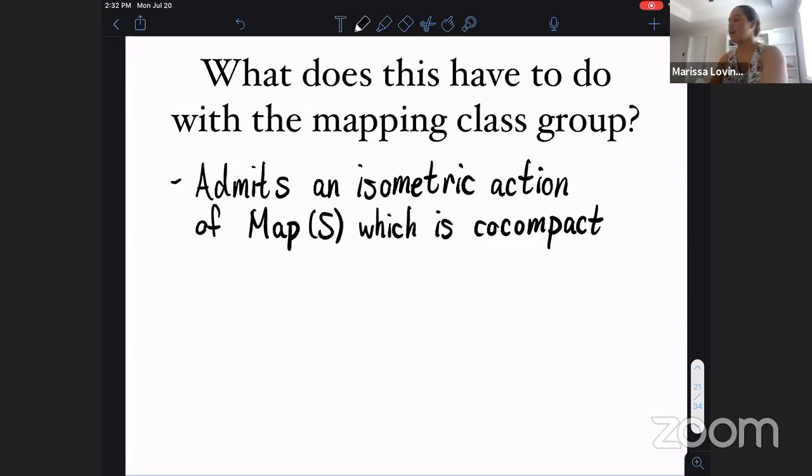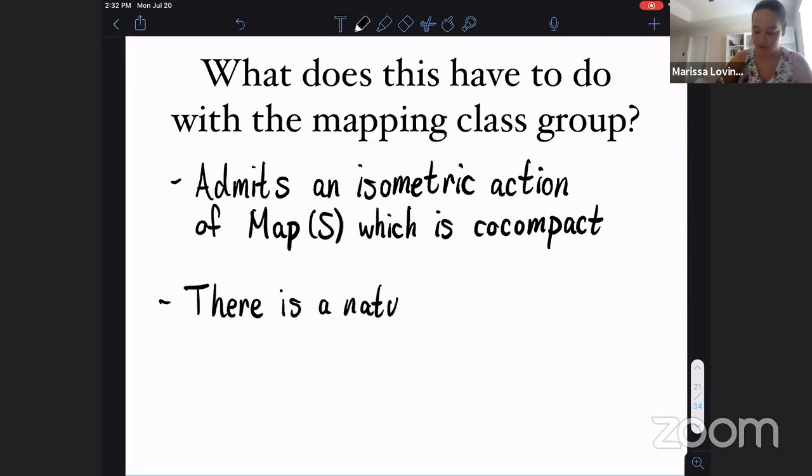Okay, so how does this feed into things? Maybe I should also write down, since people might want to look at these slides later, what I said out loud.